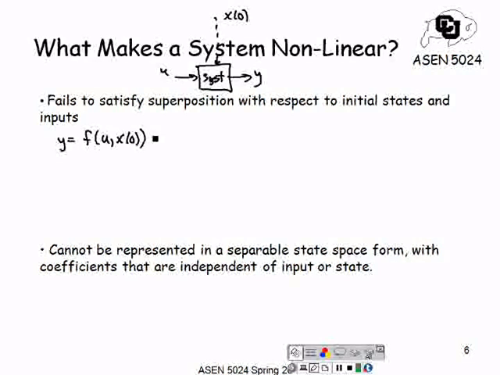And so a superposition property on this with respect to the input would be something like f of the sum of two inputs applied to the system. If I add two inputs together and put them into the system and see what that does to y, to be linear, we'd have to have a superposition principle that says I could describe the output as the sum of the outputs from the individual inputs.